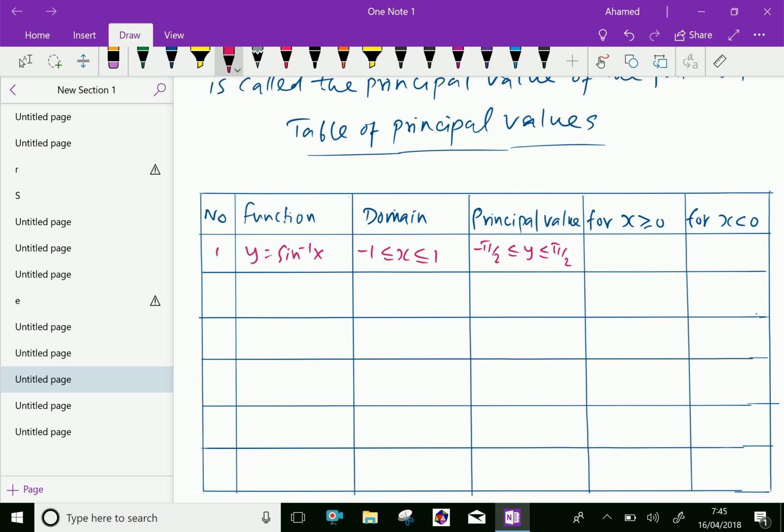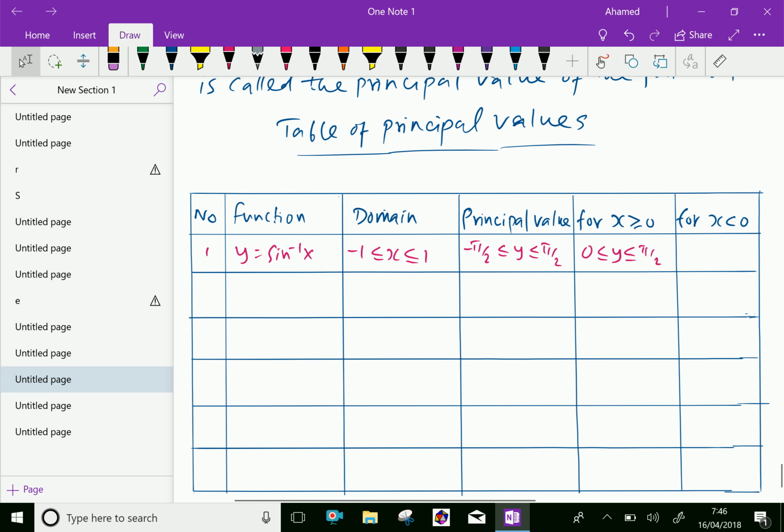For x is greater or equal to 0, the principal value is 0 lesser or equal to y, lesser or equal to pi by 2. For x is lesser than 0, the principal value is minus pi by 2 lesser or equal to y and lesser than 0.